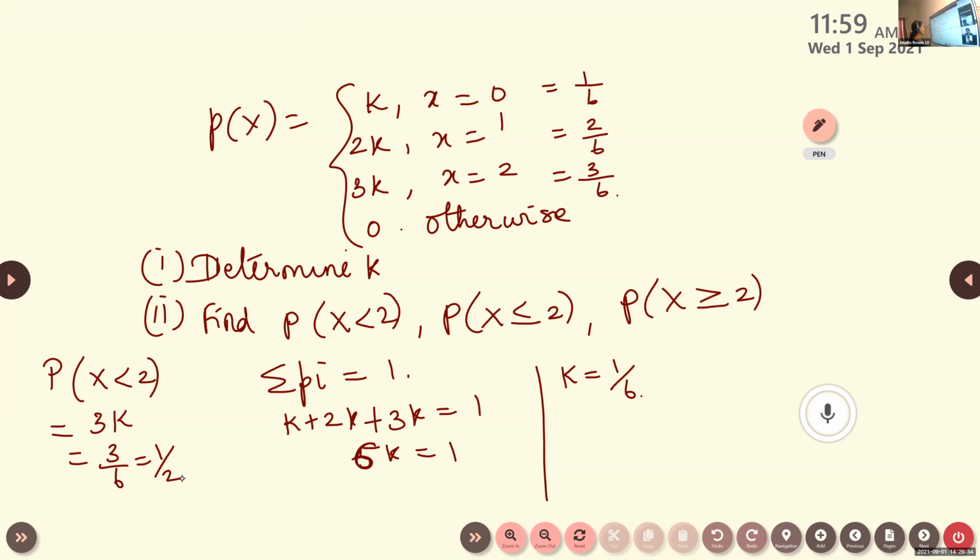Now calculate the other one, p of x less than or equal to 2. What is meant by p of x less than or equal to 2? It means we have to consider 0, 1, 2. 2 also we have to include.